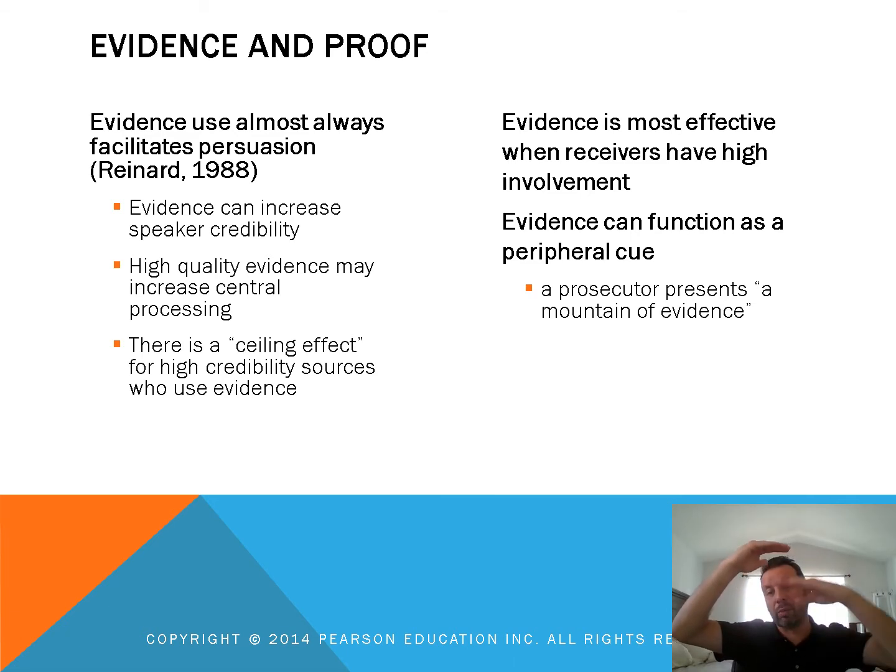You can only put so many sources and so much evidence in there before you hit that limit. At some point, you just have to let the audience make a decision. Evidence is most effective when receivers have high involvement. Evidence can also function as a peripheral cue. A prosecutor presents a mountain of evidence, right? So when you have high involvement, evidence is really effective, right?